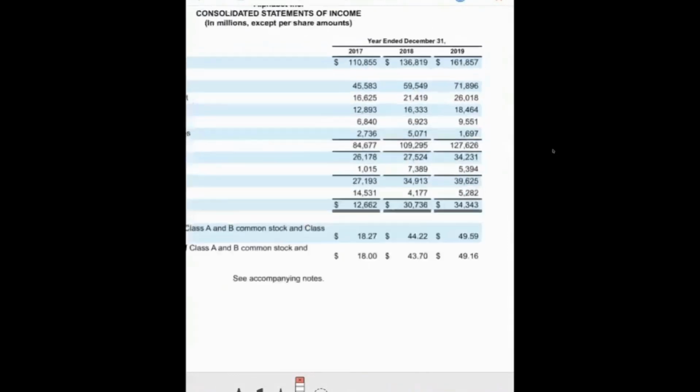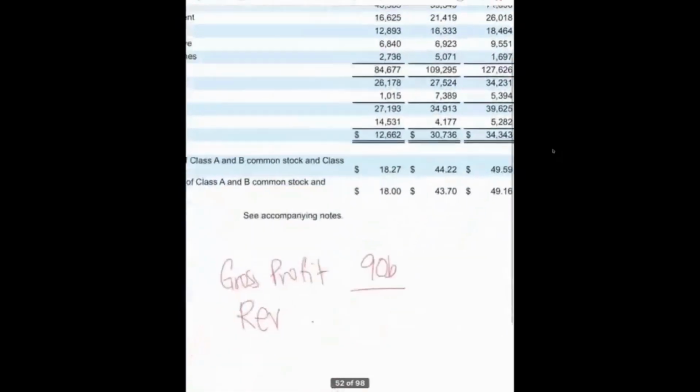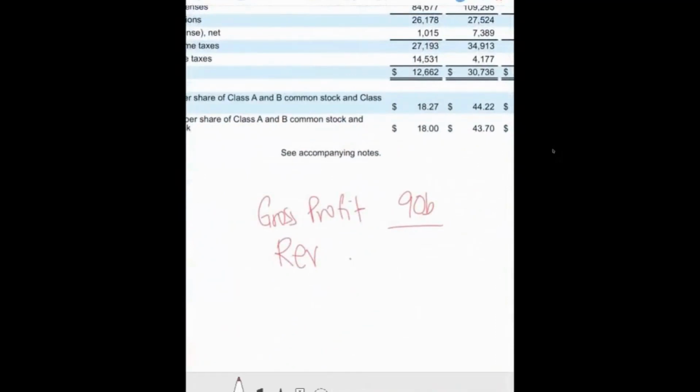So let's move back to the financial statement. If you look at the financial statement, just now you calculated that the gross profit is 90 billion, and the revenue of the company is about 161.9 billion.